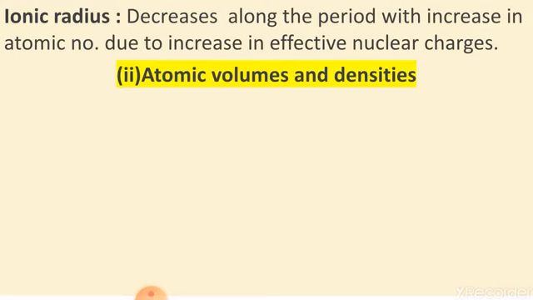One more point you have to note about the ionic radius: the more the charge on the atom, the less the ionic radius. If Mn2+ and Mn3+ are given, and one asks which has the larger ionic radius, the less the positive charge on the element, the more the ionic radius.